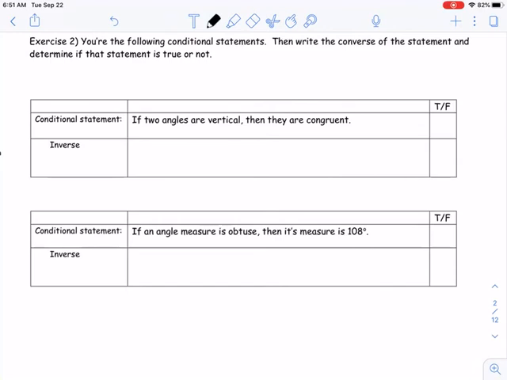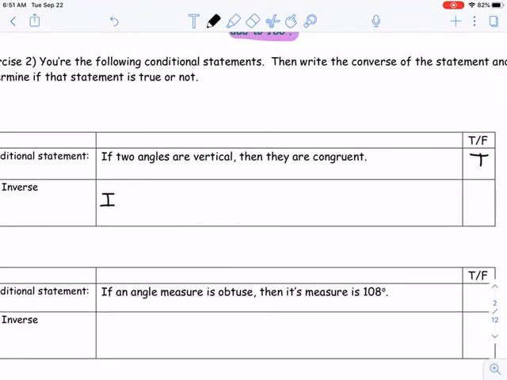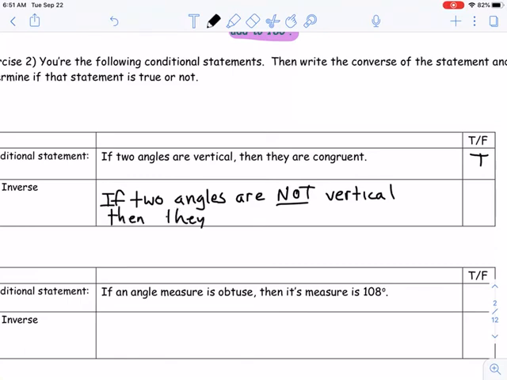If two angles are vertical, then they are congruent. We already said that's true. Inverse of this, we're going to stay in the same order. We're going to write if two angles are not vertical, then they are not congruent.